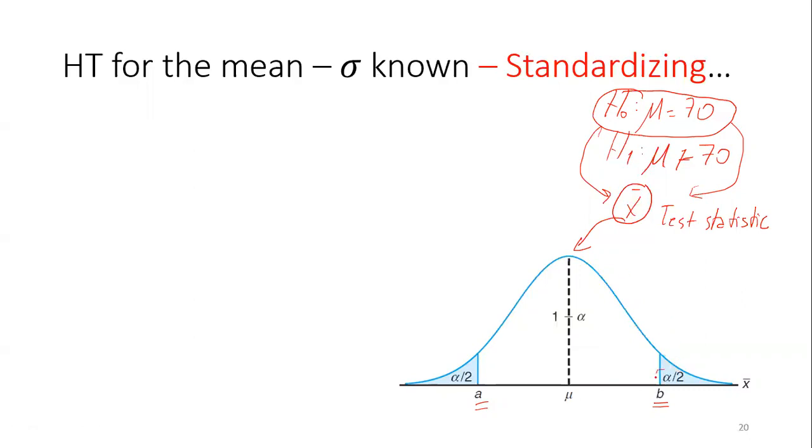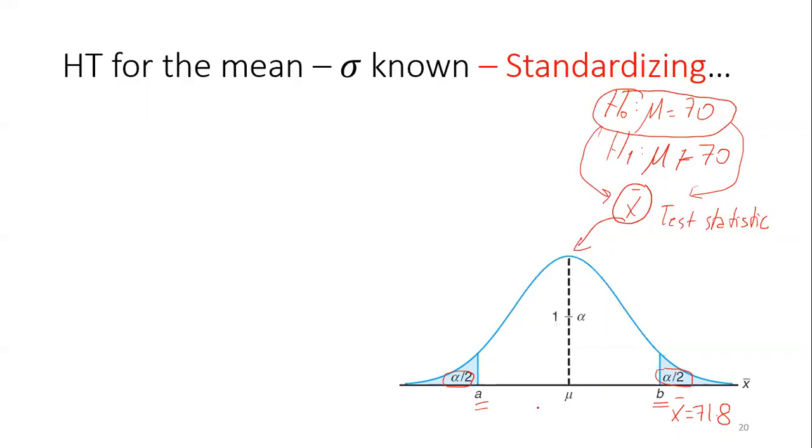After we plot this, we put the observed value of X bar. In our case, X bar was 71.8. We put it in the plot to see whether it's in the critical region or not. If it is in the critical region, we reject the hypothesis. If it is not, then we don't reject the hypothesis.